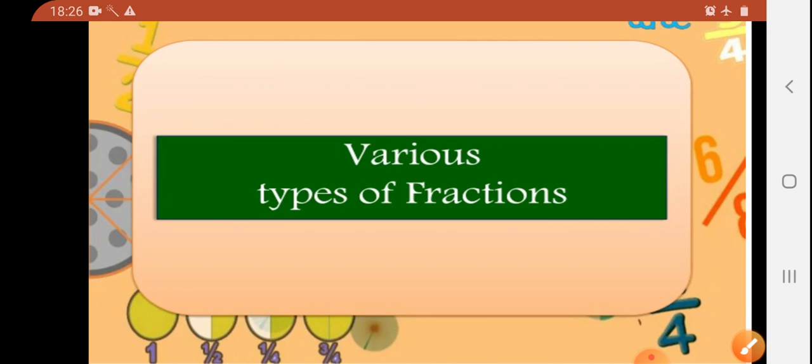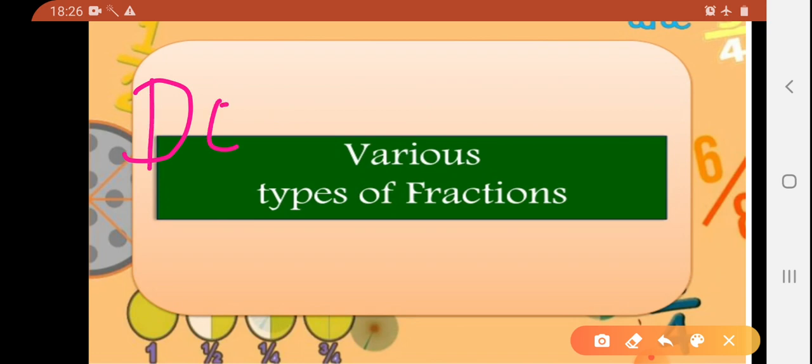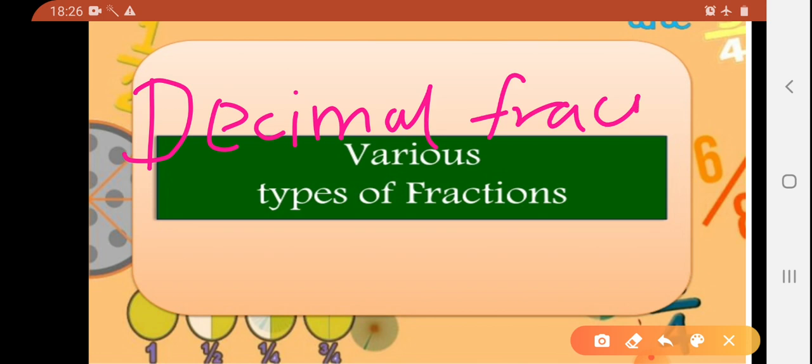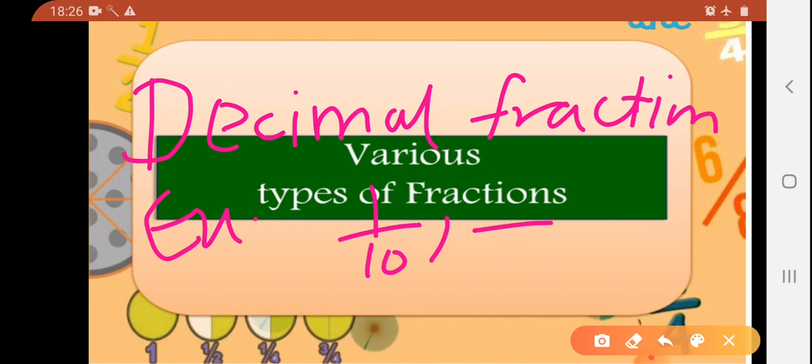The last is the decimal fraction. Examples of decimal fractions are 1 by 10, 3 by 100, 15 by 10 to the power 5.